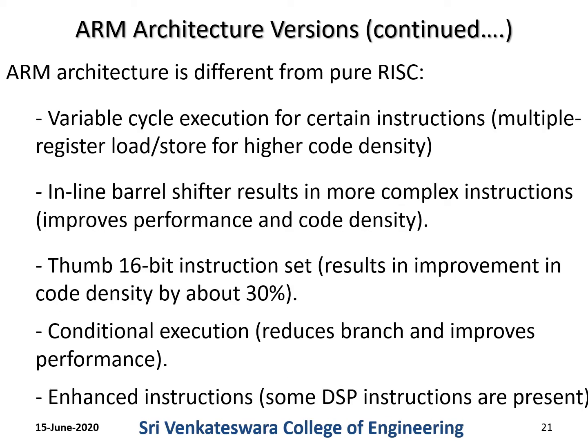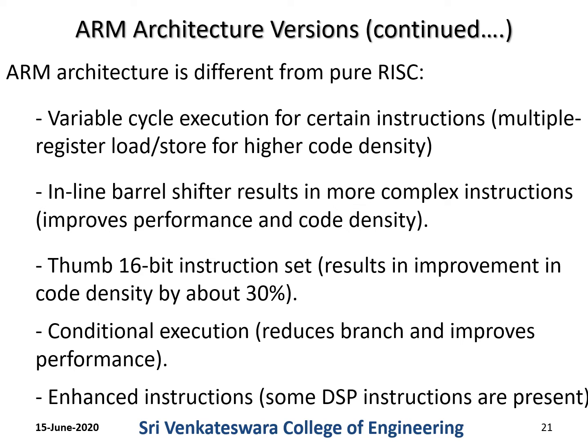ARM architecture is different from pure RISC architecture. A pure RISC architecture must have instructions which are of equal size, that is 32 bits in size, and these instructions must be executed within one clock cycle. Whereas various ARM architecture versions are not like that.